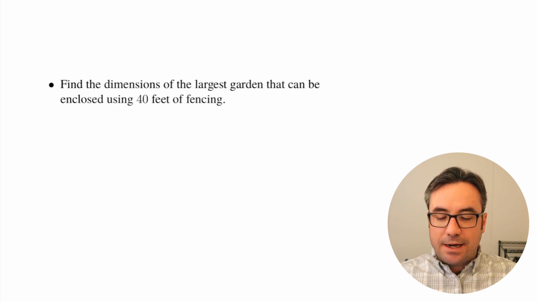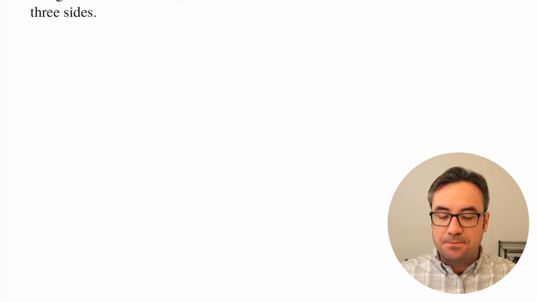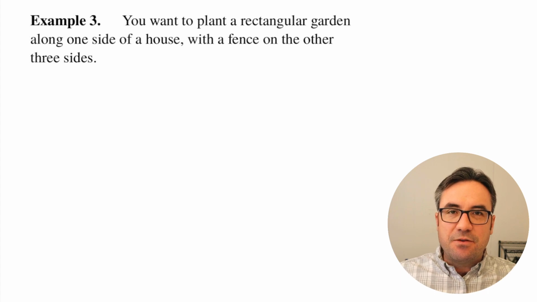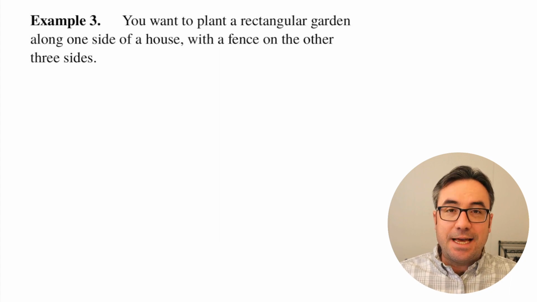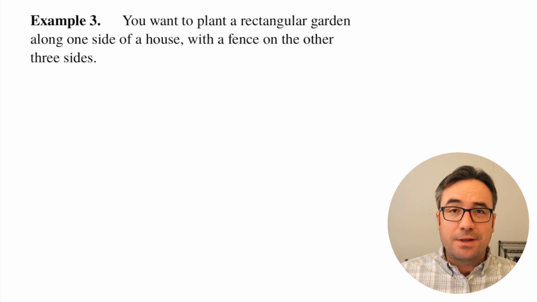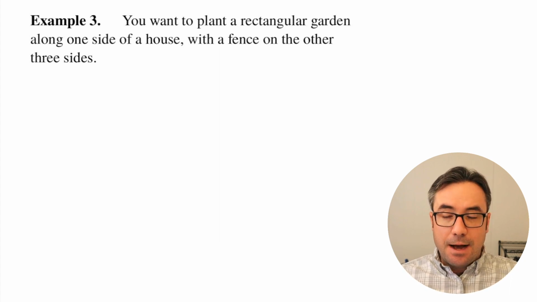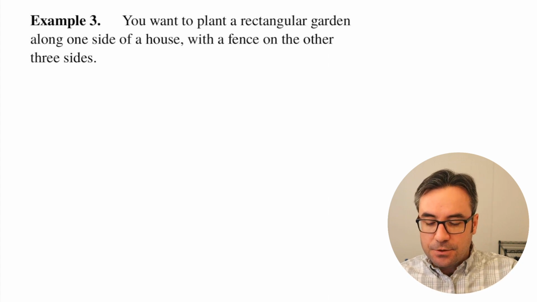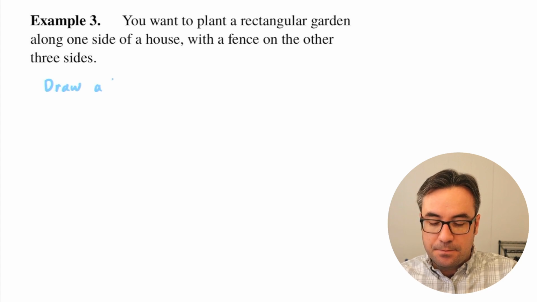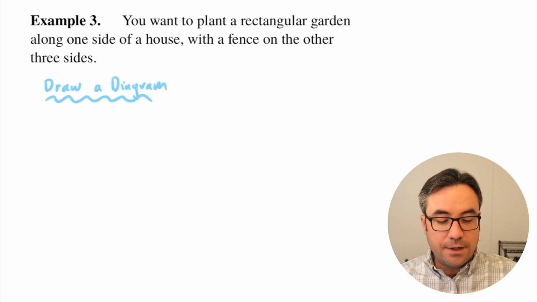A good way to start with these, especially when there's a physical description, is to draw a diagram. So before we get to any calculus or really even any math, let's draw a picture of what's going on. So that's where I would start this. We're going to draw a diagram, just to help us see what's really going on here.